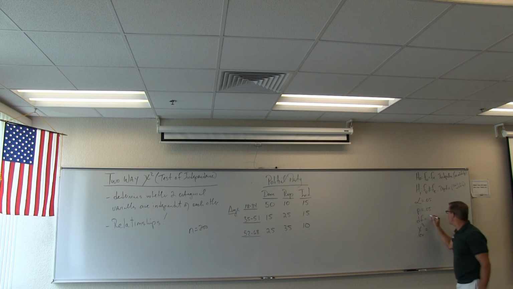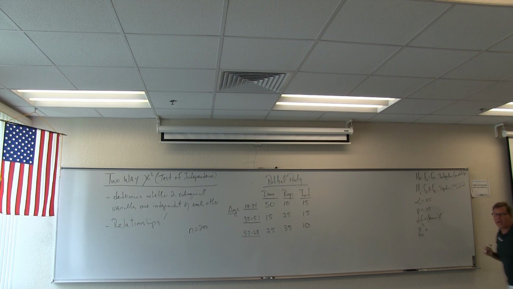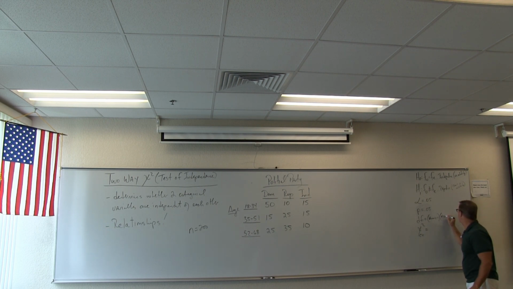Degrees of freedom in this two-way chi-square is the number of rows minus 1 times the number of columns minus 1.